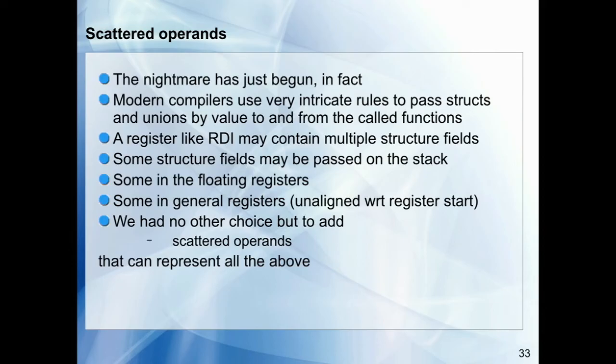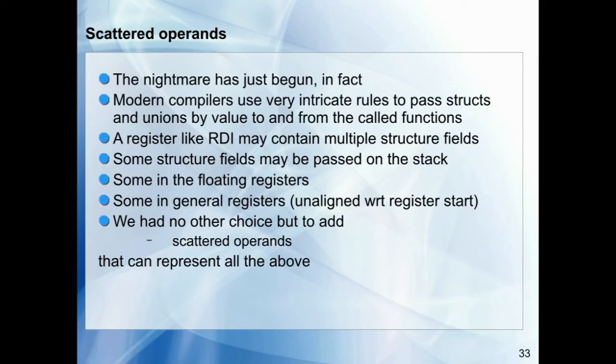Well, there's a slight problem there because Visual Studio on Windows and GNU compilers on Linux use different calling conventions, but it's not a big problem for reverse engineering. But these ABIs introduced very complex rules to pass structures and unions to and from the functions.